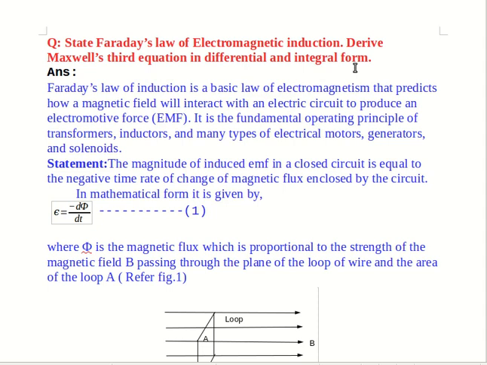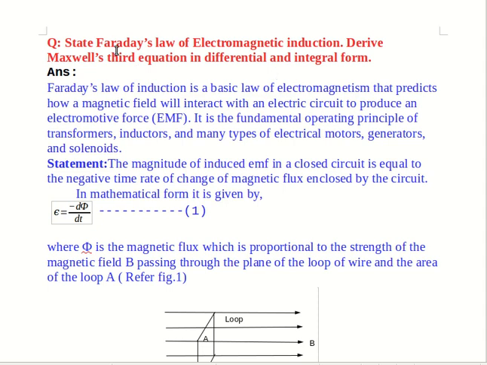Now in this question there are two parts. First part is only the statement of the law and second part is the derivation. Note that the mark distribution in the examination for this question will be like this.